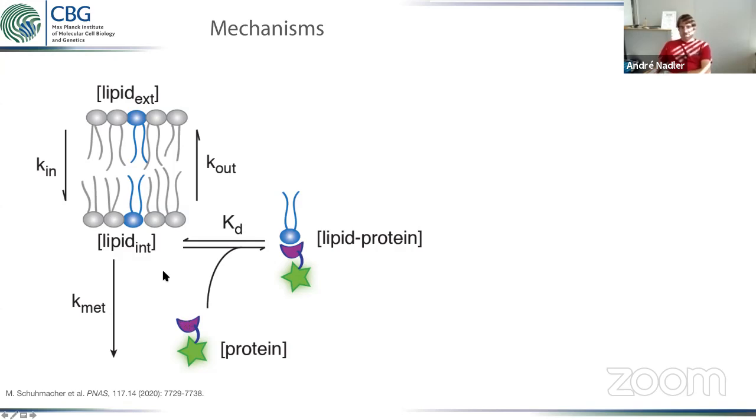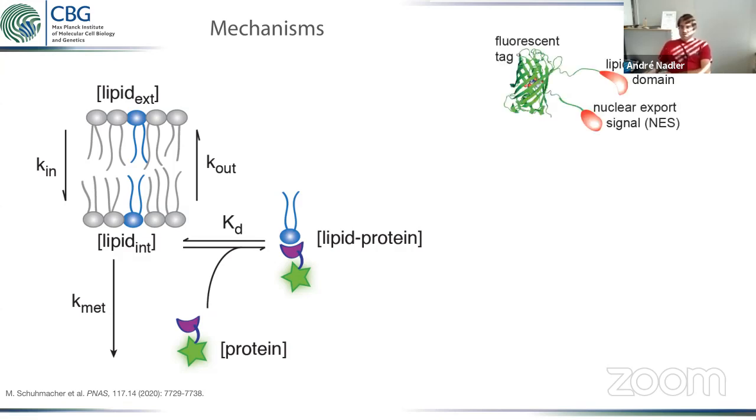There's a number of rate constants that basically describe the interconversion of these different pools into each other. You have a rate constant that essentially describes the flop reaction, so from the inner leaflet to the outer leaflet. You have one that describes the flip reaction from the outer leaflet to the inner leaflet. You have an affinity between the lipid and the protein. And then you have a rate constant that essentially summarizes lipid metabolism and lipid transport, in essence, every process that removes this lipid from the inner leaflet of the plasma membrane.